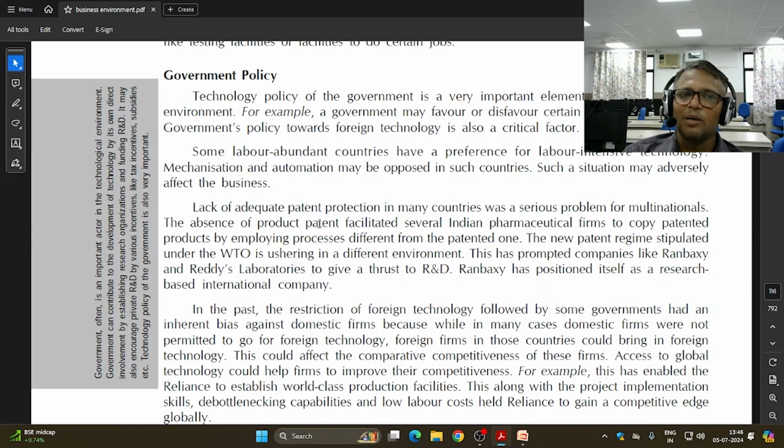As the new patent regime under the WTO is ushering in a different environment, it has promoted companies like Ranbaxy and Dr. Reddy's Laboratories to give a thrust to R&D. Ranbaxy has positioned itself as a research-based international company.